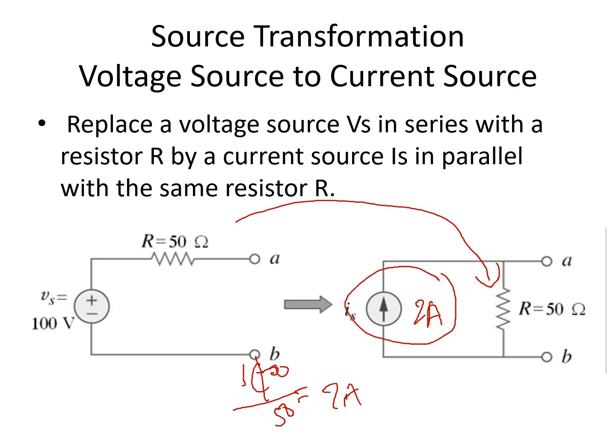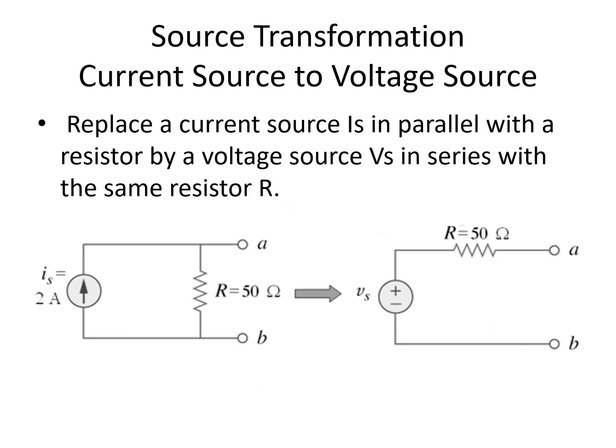And then you just have to draw the resistance, which was in series, but this time they are in parallel. And vice versa, current source to voltage source. If we wanted to replace a current source Is in parallel with a resistor by a voltage source Vs, what are you going to do? The current here, which is 2 amperes, and the resistance here, which is 50 ohms, will give you the voltage.